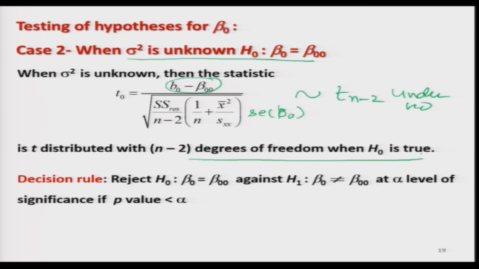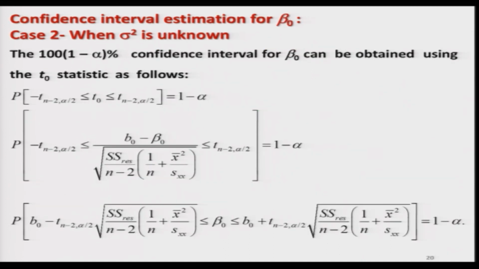So, now I can construct the decision rule: reject H naught against this two-sided H1 at alpha level of significance if p value is smaller than alpha. So, now you can see that everything is very similar. Once you have done the first case, doing all other cases is the same story, everything is on similar lines. And similarly, you can also construct the confidence interval.